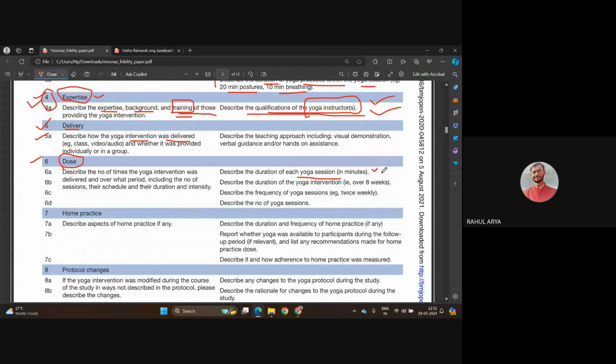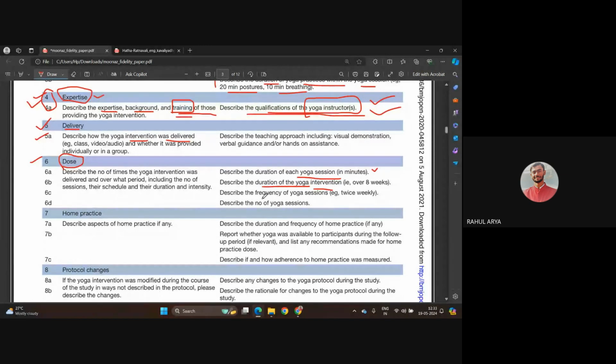And describe the duration of the yoga intervention. Duration means the total intervention period. Your study, was it 4 weeks, 8 weeks, 12 weeks, 16 weeks, 6 months, 1 year, 2 years? How long was your study? And after that, how was the follow-up study? Are you doing follow-up or not? Everything you have to define properly.